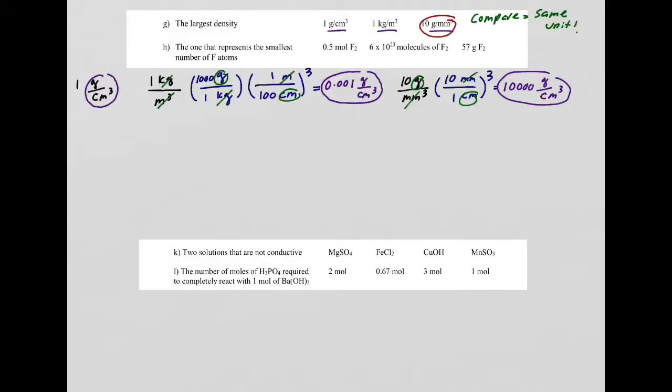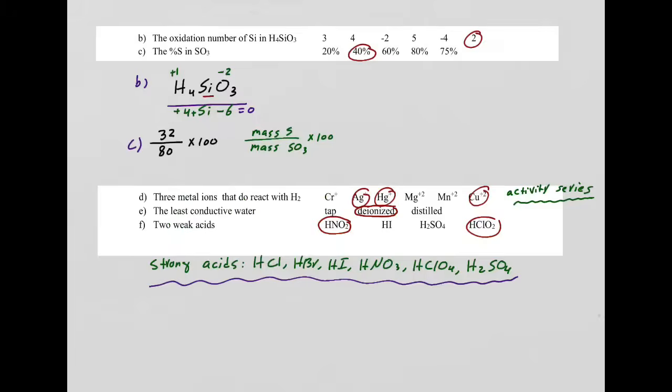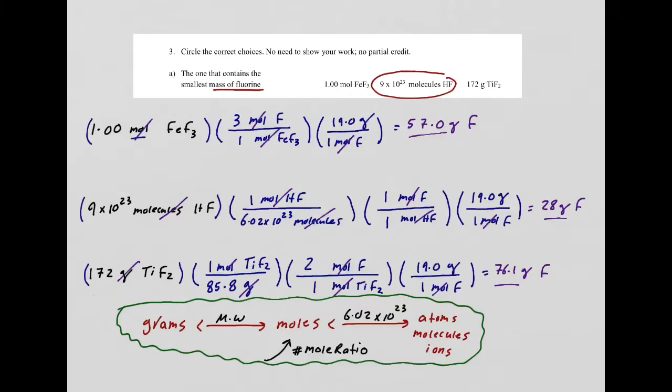Next one. In this problem, it says the one that represents the smallest number of F atoms. Hold on a second. Didn't we do a problem just like this? We did. Let's go back to this one right here. It says the one that contains the smallest mass of fluorine. It's just like that.